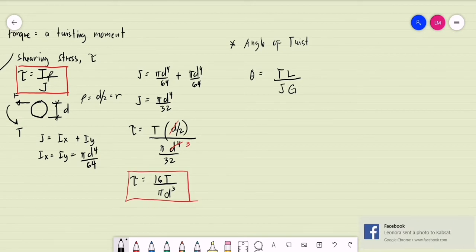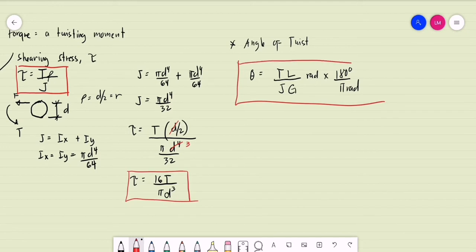So take note, this is in terms of radian. So if we are to express the angle of twist in terms of degrees, we are to multiply this by 180 degrees is to pi rad. This is our equation for the angle of twist.